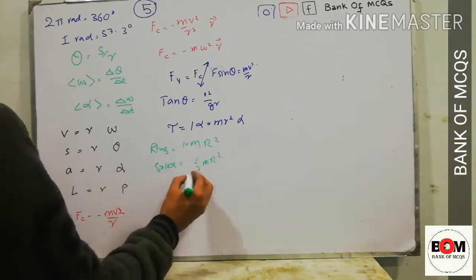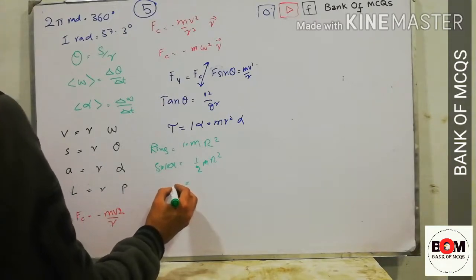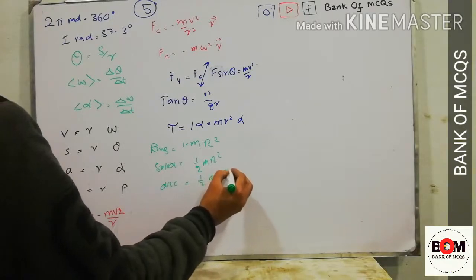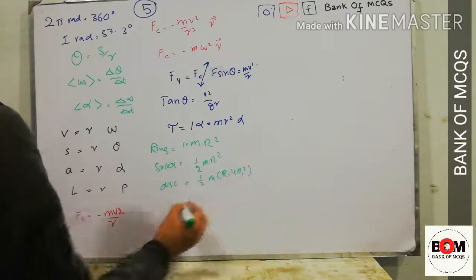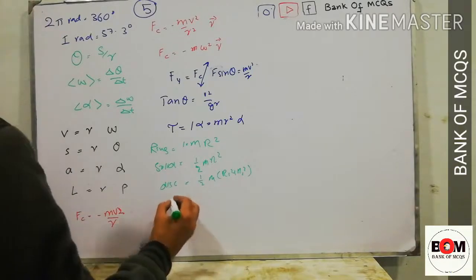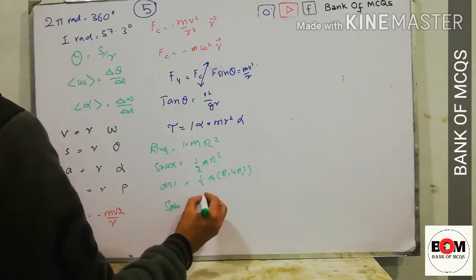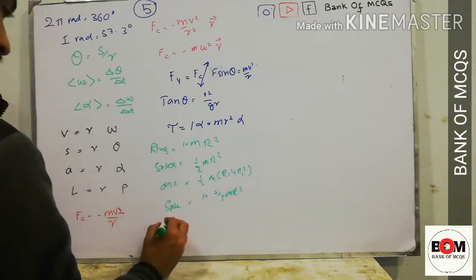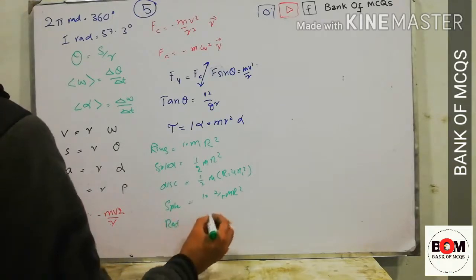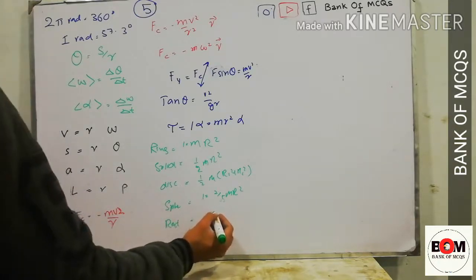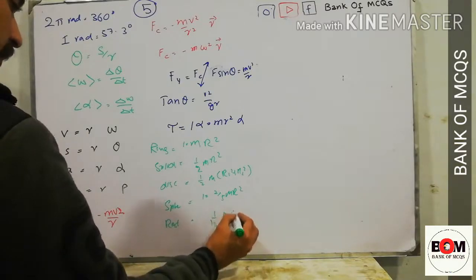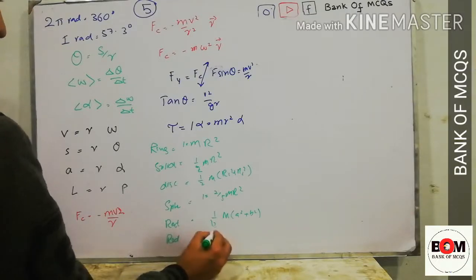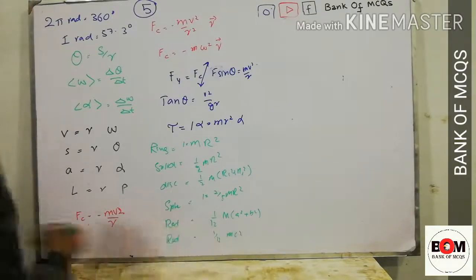For a disk we put I is equal to m by 2 into r1 square plus r2 square. The third was solid sphere, that I is equal to 2 by 5 mr square. And for a rectangle we said that it is equal to m by 12 into a square plus b square. And for a rod it was 1 by 12 m l square.